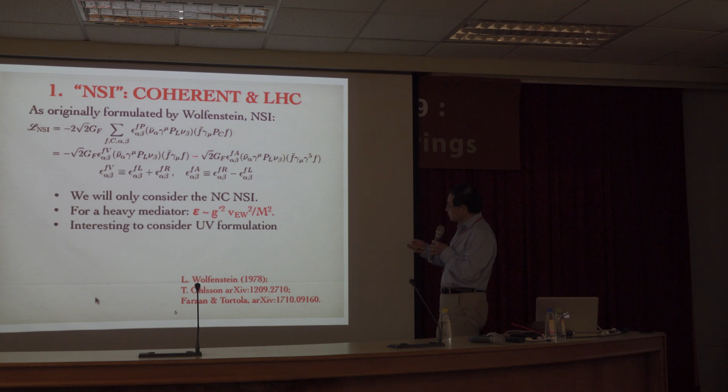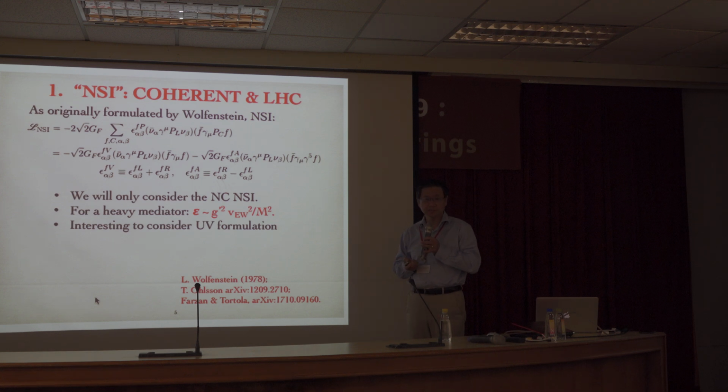So this is the explicit form. When you write down the explicit form, you see that it has been deliberately normalized to the weak interaction coupling constant, G Fermi. It doesn't have to be. If the new interaction exists, it may not be the W mass that suppresses the overall. It may be a new interaction scale, lambda or something, but it's a convenient normalization.